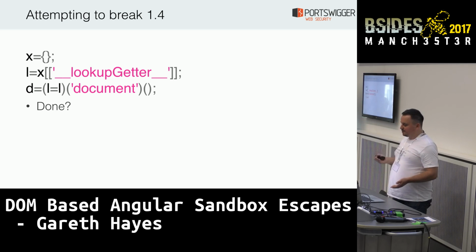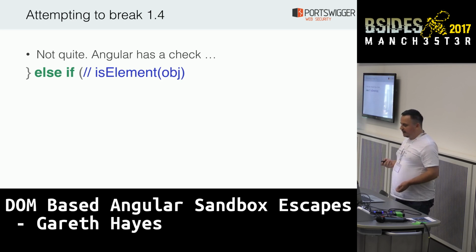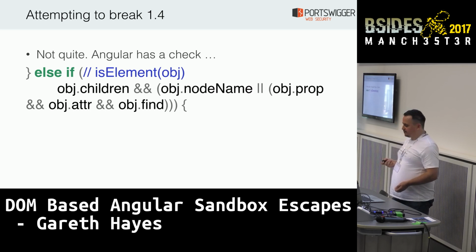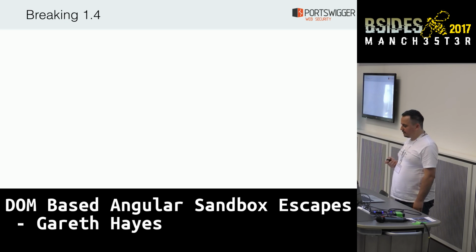Any observant among you might wonder about the ensure safe object function. If we recap the ensure safe object function on this particular line, it detects a DOM element. So document will be detected as a DOM element, and an exception will be thrown and access will be prevented.